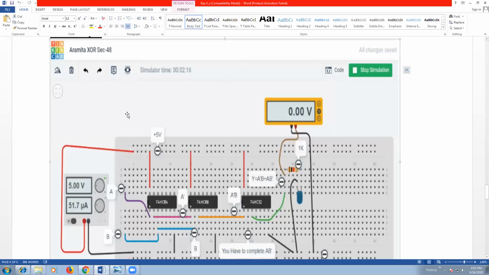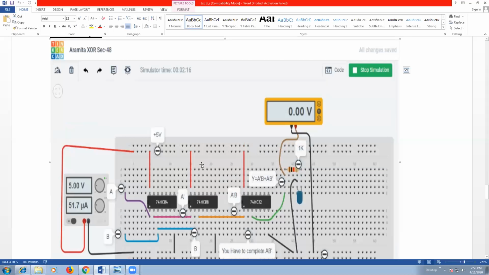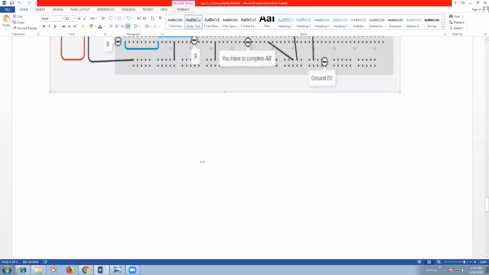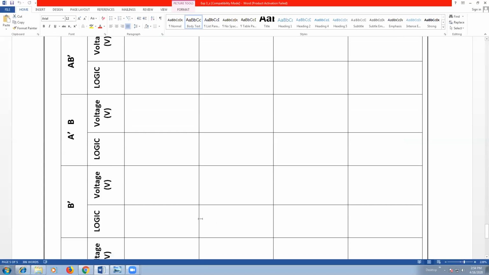Then you have to snapshot your own circuit diagram and paste it here. First delete this one and paste here. Then you have to take all the readings, both logic readings as well as voltage readings, and put them into this observation table.